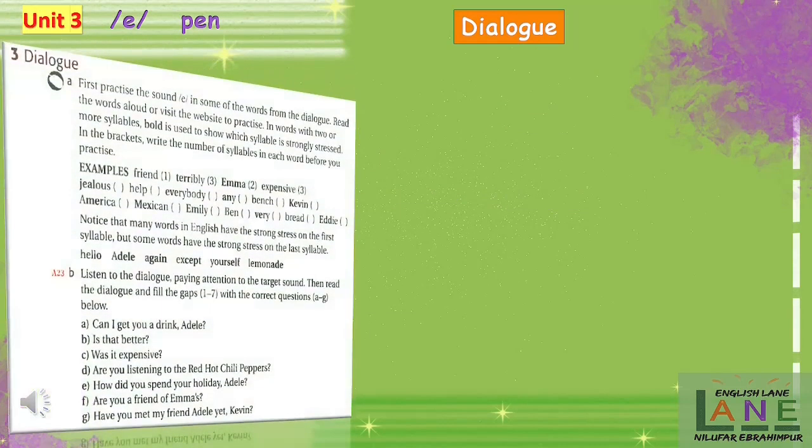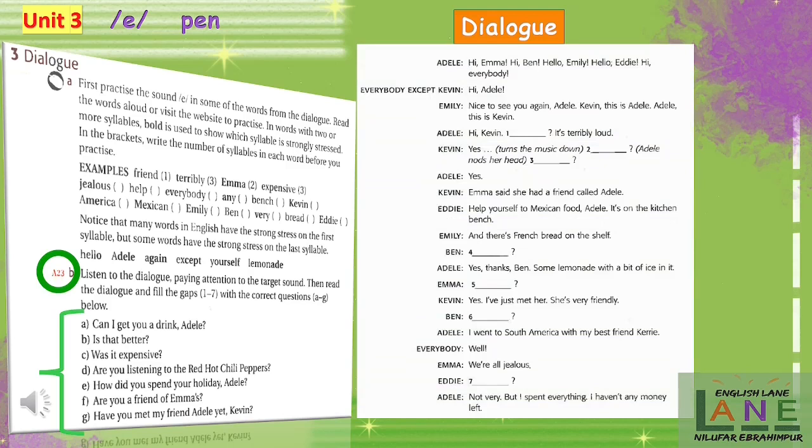I guess it's time for us to really get to this part of the book. So open your books and go to this part, and you can see some sentences, some questions that we can use in our dialogues, because the dialogue has many empty spaces, 7 blanks, and we need to complete them using these sentences.